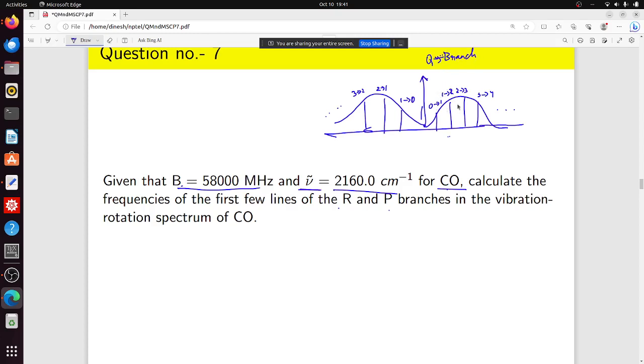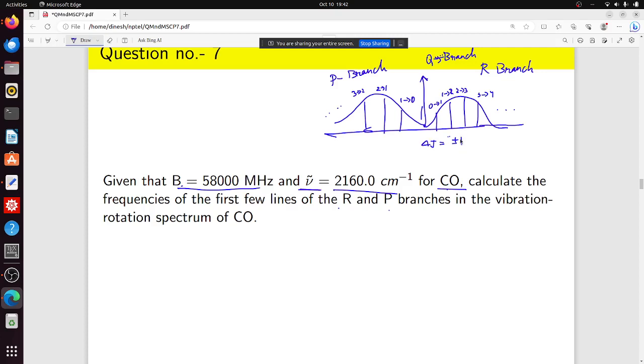and the lines towards the right we call the R branch, and the lines on the left side we call the P branch. Okay, so what do these lines represent? These lines represent the transition with delta J equal to plus or minus 1.